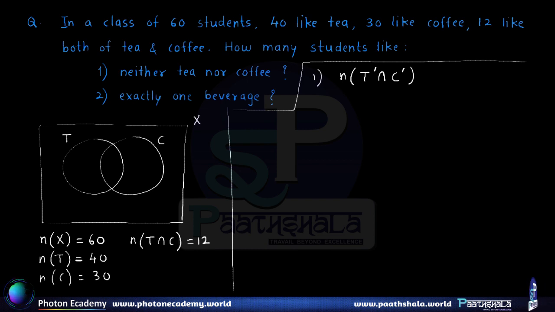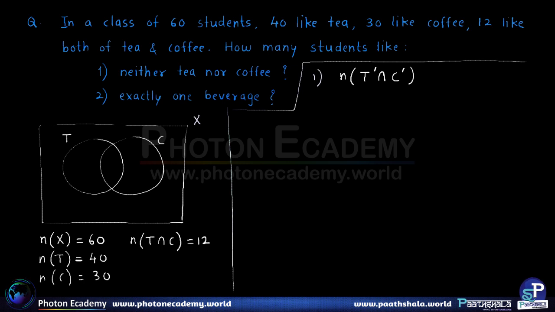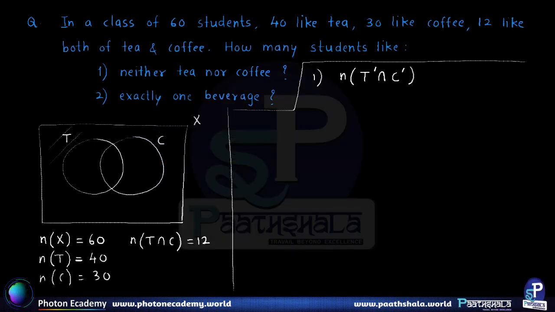But now here we see that it is not possible to calculate this directly because we don't know what is the T complement and C complement and the final outside region. So therefore the indirect way to calculate this is that if we look at the Venn diagram, then this region, isn't it same as the region which is outside both of the circles of tea and coffee, isn't it?